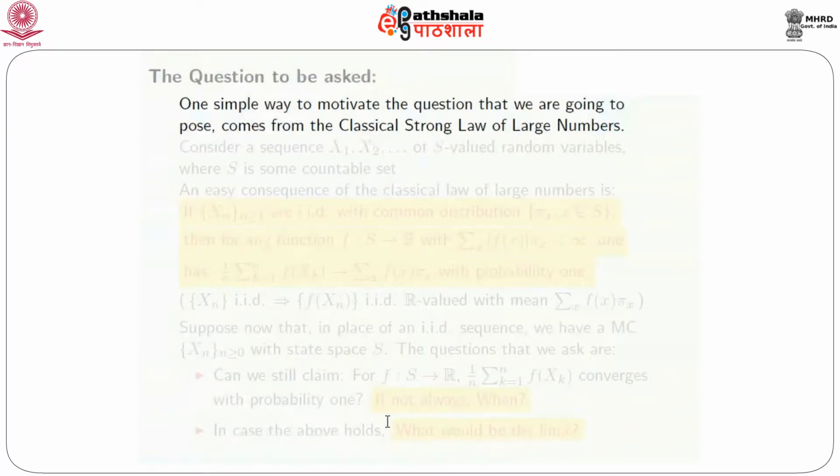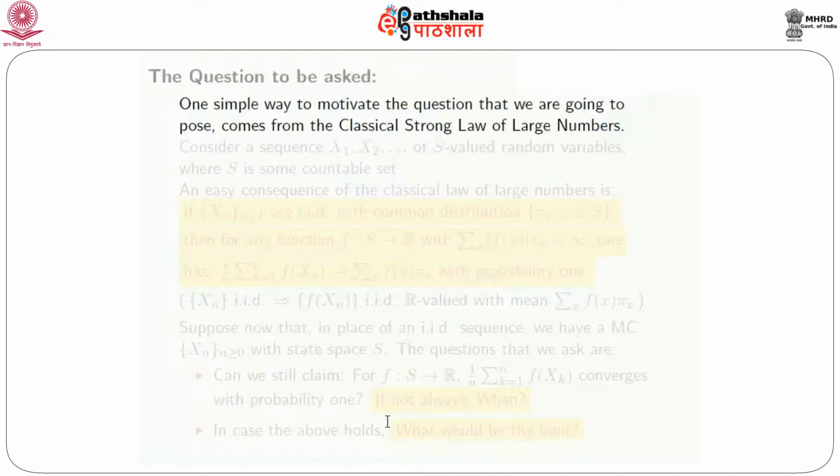So the question to be asked. One simple way to motivate the question that we are going to pose comes from the classical strong law of large numbers that you learn in basic probability. I'll, of course, put it in a slightly different formulation.